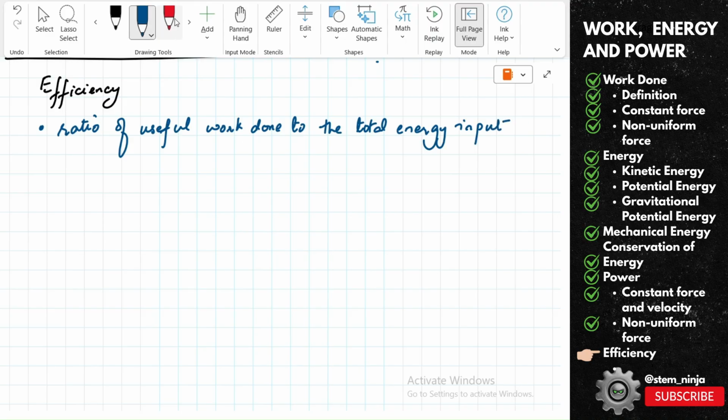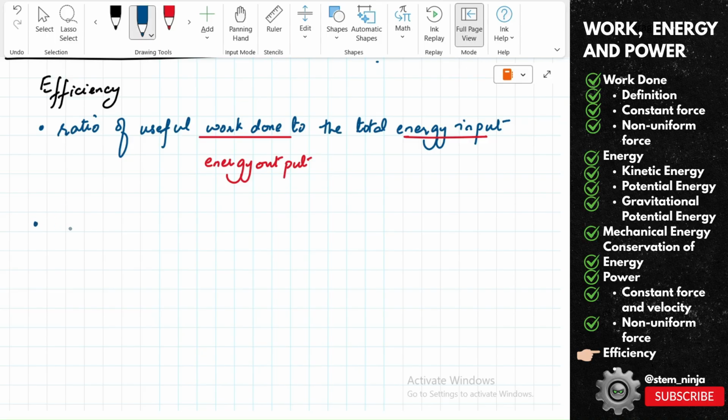Now, useful work done, you could also replace it with useful power output or energy output. So energy output, energy input would be synonymous.